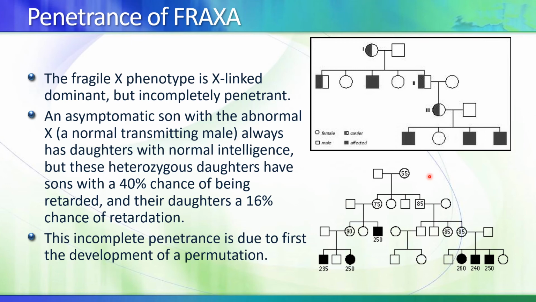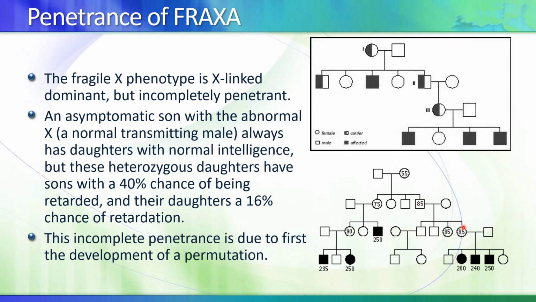Now sometimes you can have the pedigree drawn like this, showing the number of repeats. So again, right here, that's a normal female, right? Now notice here that this male has a premutation. This female is normal as well. Now this is a normally transmitting male. He transmits the faulty chromosome to his daughters.